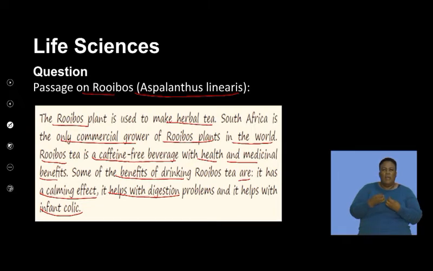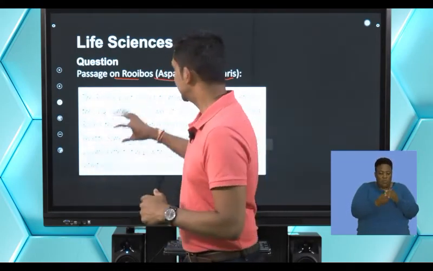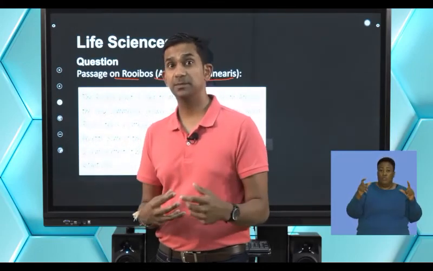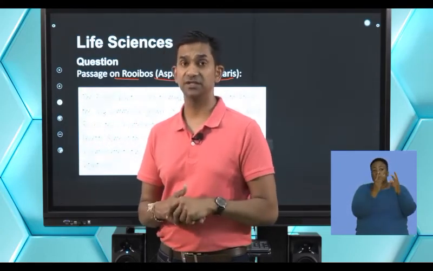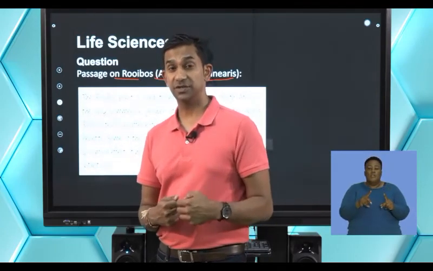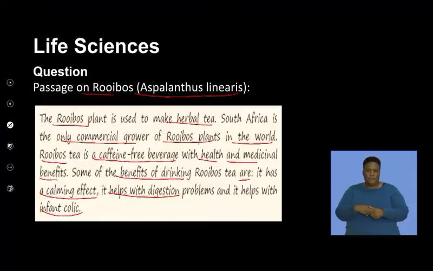So you would have probably seen lots of varieties of rooibos tea. It's an indigenous herb, it's produced in the Cape Fynbos, and it grows naturally there, and it's a huge potential income for the South African tea industry. However, there's a demand internationally for it, and we see that this creates an opportunity for exploitation. So let's look at the questions based on this.